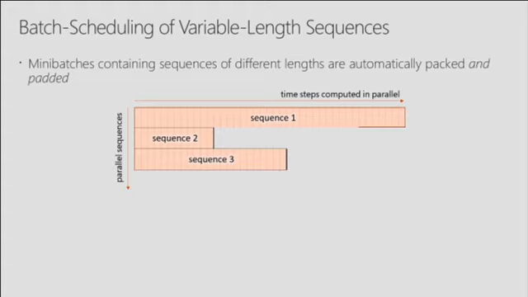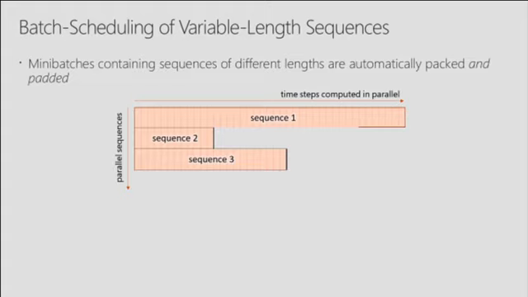In this particular example, sequence 2 is much shorter than sequence 1, and therefore the execution of sequence 2 is going to finish much earlier, while sequence 1 is still computing. As a result, the GPU computation unit that's tasked to do sequence 2 will become idle once sequence 2 is finished. And this basically reduces the utilization of GPUs.